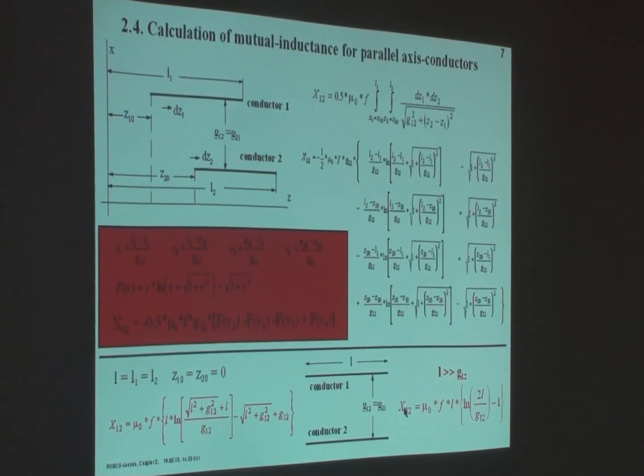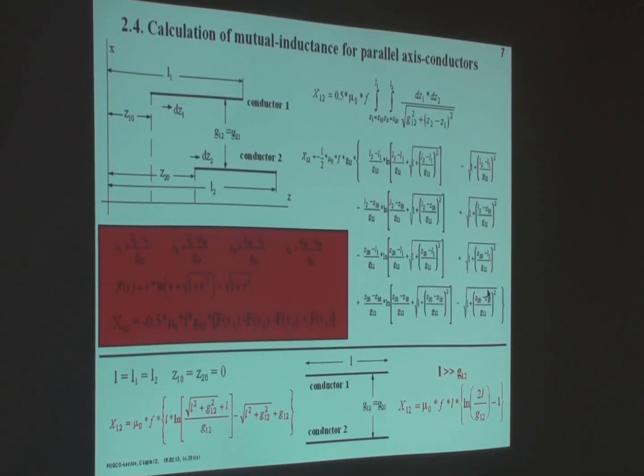Okay. So that was the first calculation of one loop with a new method, with a GMR method. Are there any questions from you? Well, this is a very important step of this day.